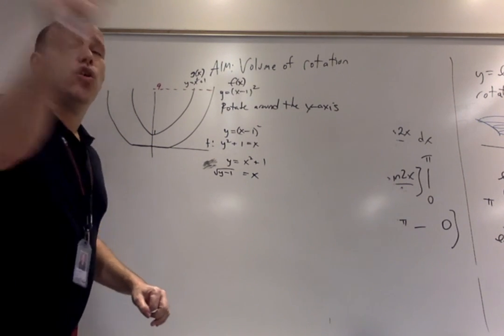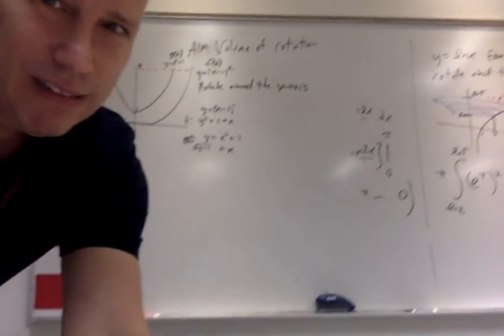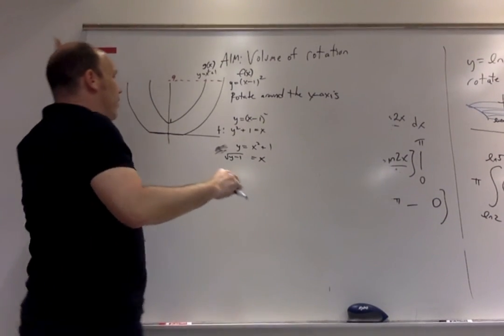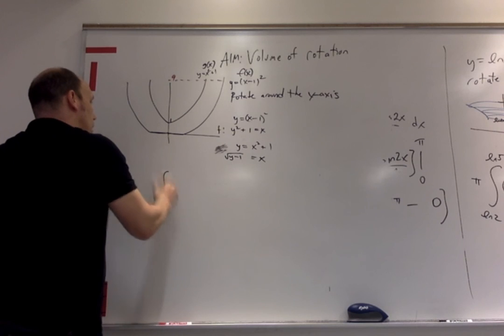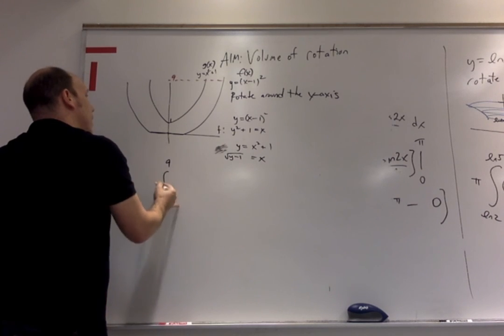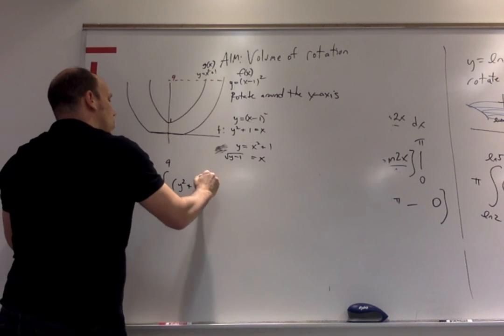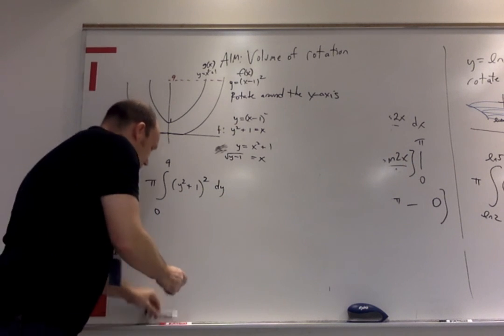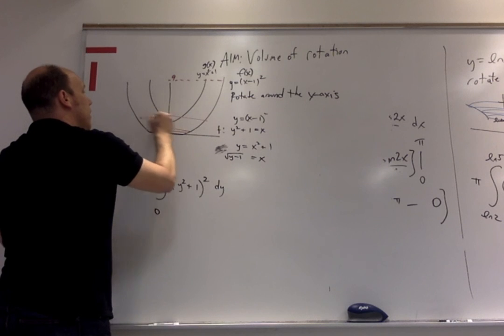So what is the volume of my big outside of the vase? That's the integral from 0 to 9 of pi r squared dy, and that's the outside, the big volume here.